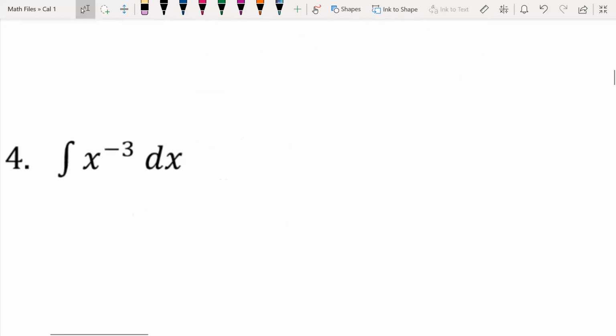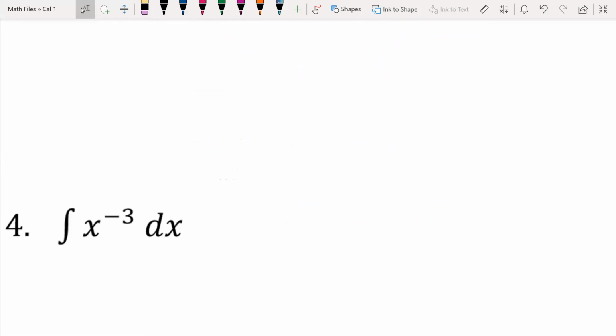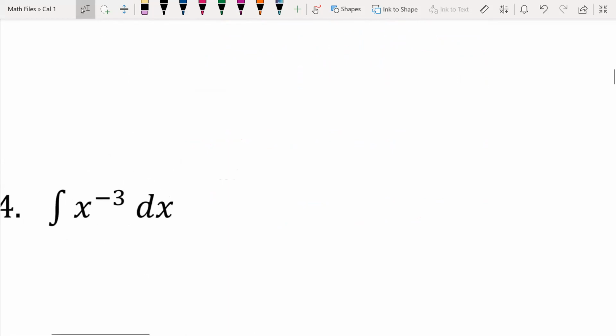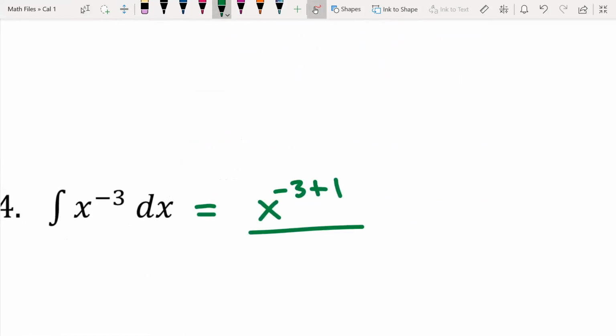All right. 4. We have the integral of x to the -3. Once again, power rule it. So you're just going to get x to the -3 plus 1 over -3 plus 1. And we get x to the -2 over -2.